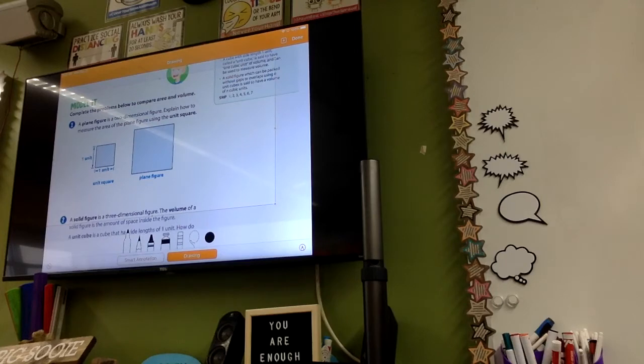Okay. The unit square is next to it. Everybody see the unit square next to it, where it's 1 unit by 1 unit? If I were going to find the area of that unit square, what would my area be? Just that 1 unit square? Colin? Just that one. I'm just talking about this. Just the unit square right there.